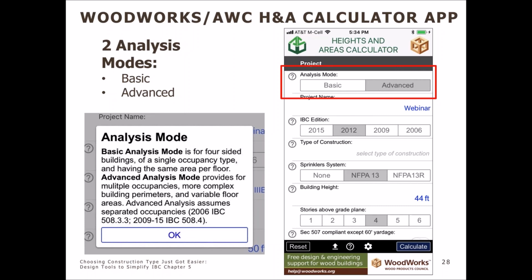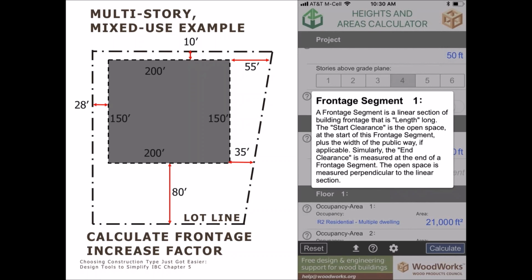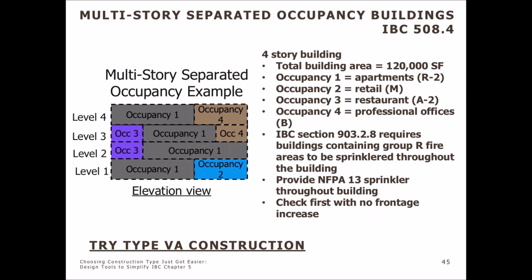Okay, one more question regarding slide 52. The question had to do with the calculator showing 120,000 square feet. I think it's in the next few slides, but this is the start of the example. And someone was questioning, why didn't it show 160,000 square feet?